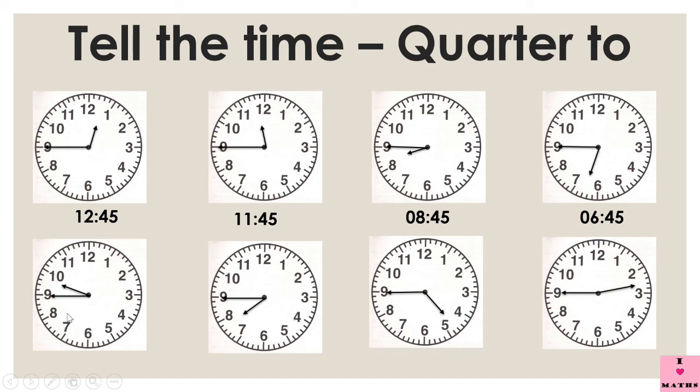Here in this clock, the hour hand is about to reach 10 and the minute hand is on 9. So what will we call it? I'm sure by now you can make out. Yes, we will call it quarter to 10 and it is written as 9:45.